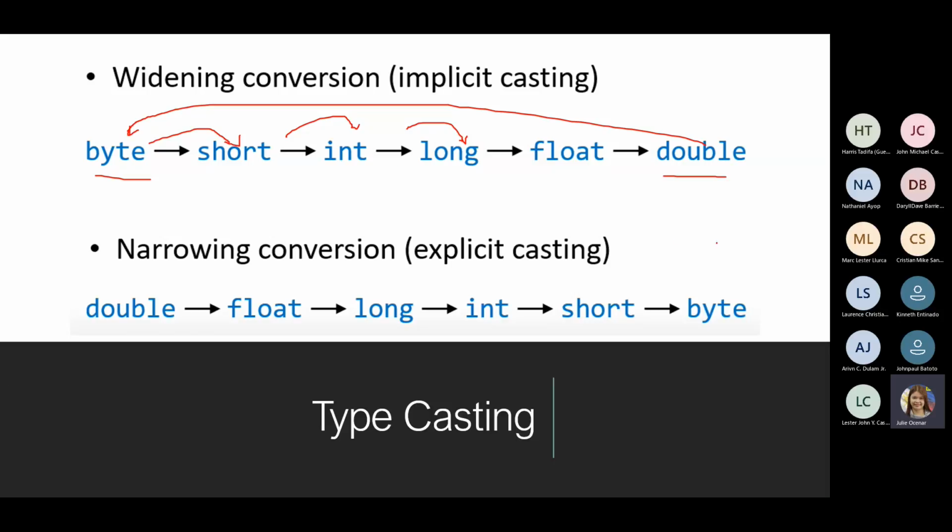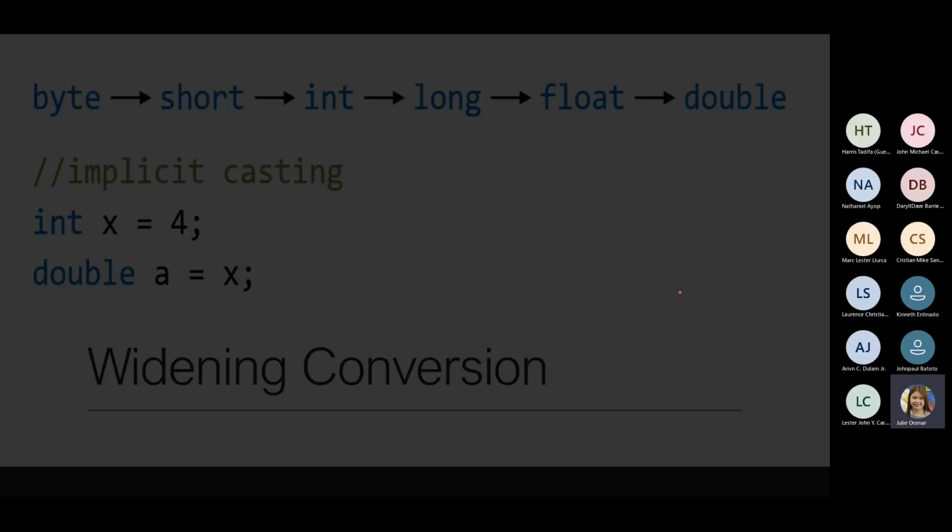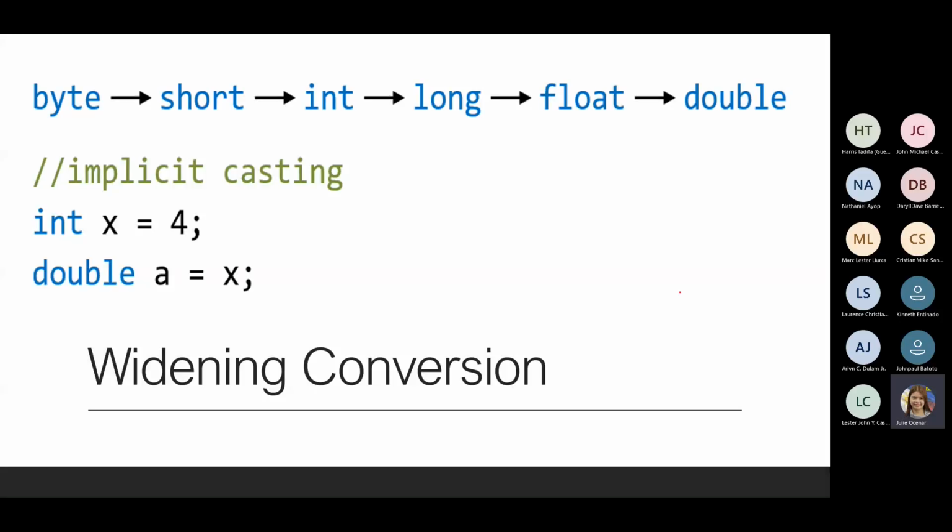Of course, still with coding. The biggest is double, the smallest is byte. Narrowing conversion, on the other hand, goes from a large value to a small value. Widening, narrowing.